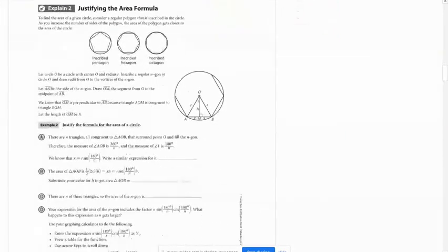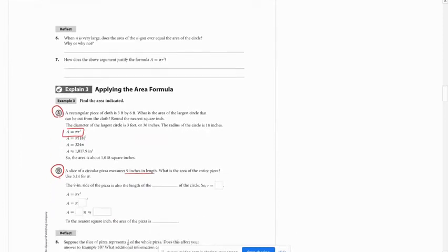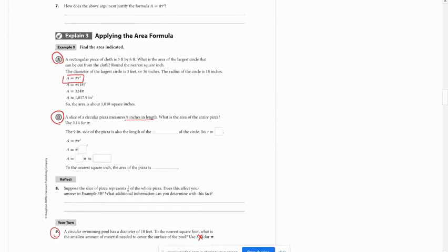Okay, and then we'll skip to page 855. And we're going to now do the area of a circle. Area is pi times the radius squared. And so in example 3a, we have a rectangle 3 by 6.